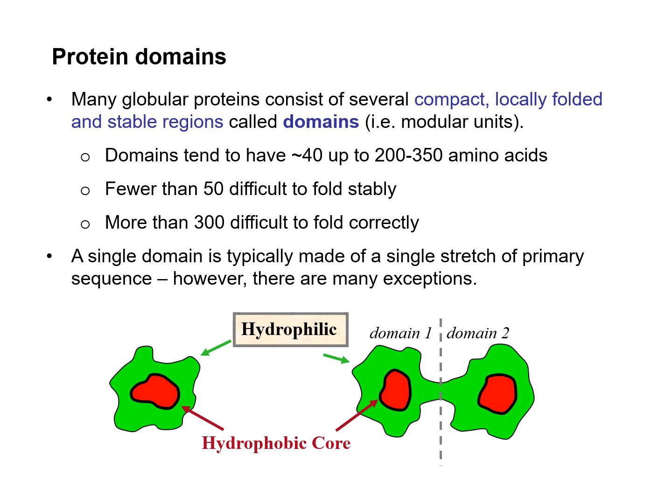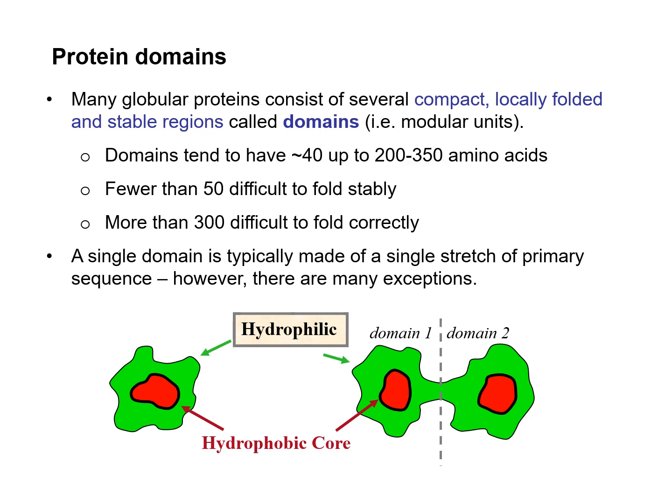Many globular proteins consist of several compact, locally folded, and stable regions called domains. Like I told you, this is a modular unit, so in many cases it's going to have its own independent functions. Domains tend to have about 40 amino acids, but can go up to 350.